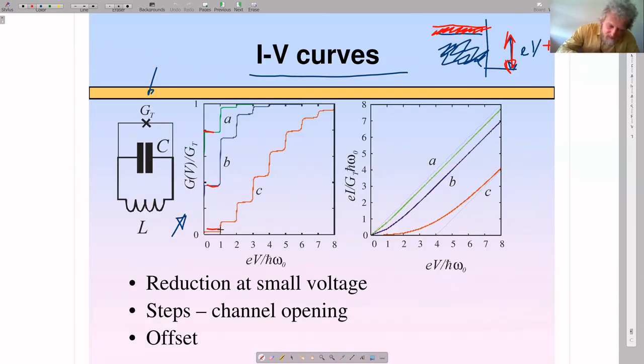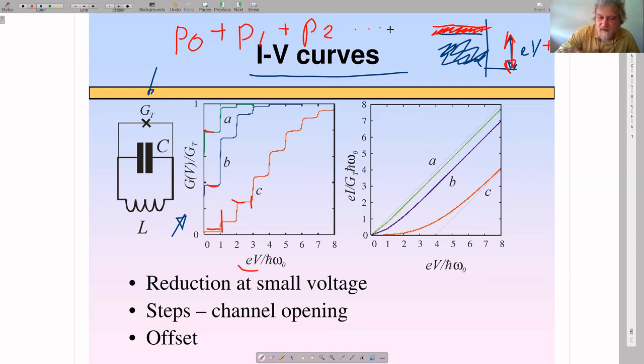Then what happens? When voltage approaches this threshold, h omega naught, there is an opportunity to emit one quantum. So the probability which defines conductance becomes P naught plus P1. Then here it becomes plus P2.